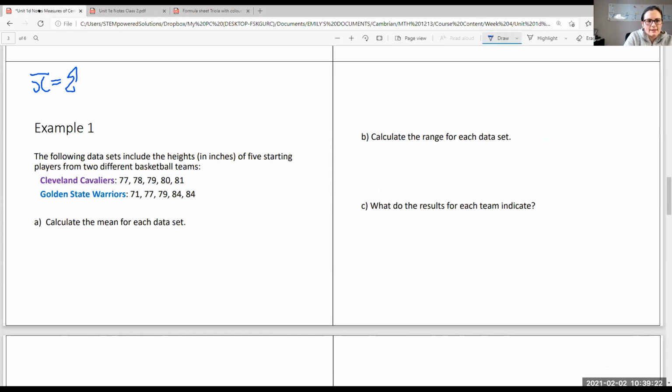the sum of all x's divided by the number of x's. So 77 plus 78 plus 79 plus 80 plus 81. And then we divide by the number of data points we have. So the number of data points we have is equal to 5.